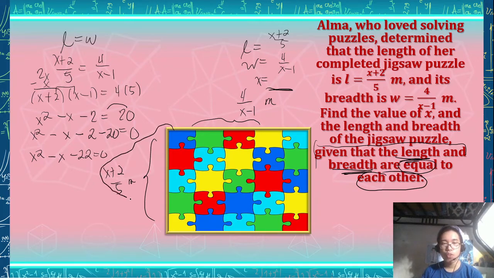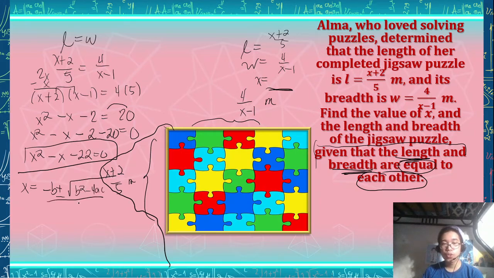Okay, and to solve our problem for this one, we're going to be using the quadratic formula. So what's the quadratic formula? It says that if we want to find the two roots of our given quadratic equation, we're going to use this formula: negative b plus or minus the square root of b squared minus 4ac all over 2a.